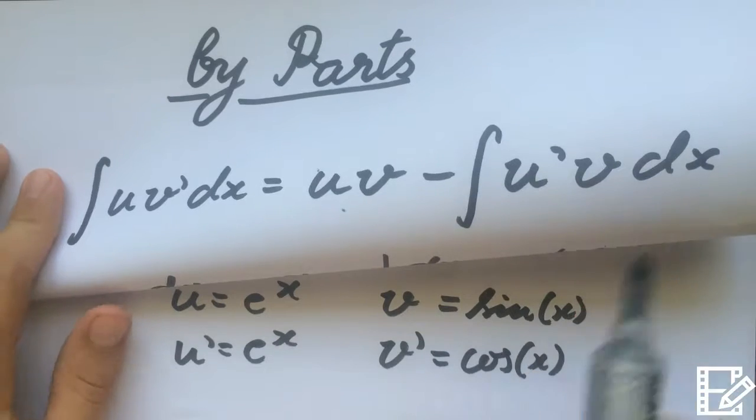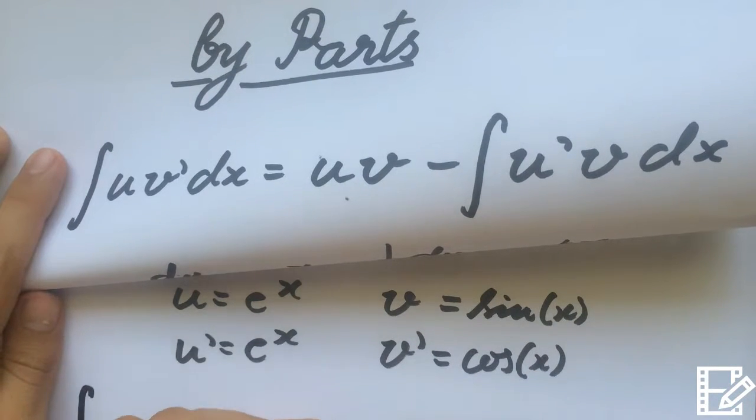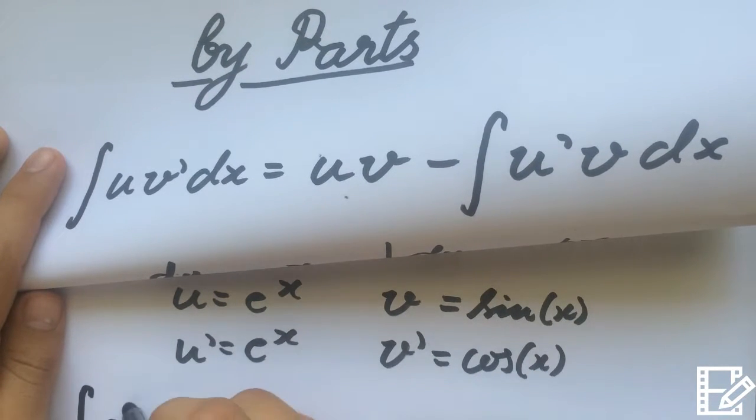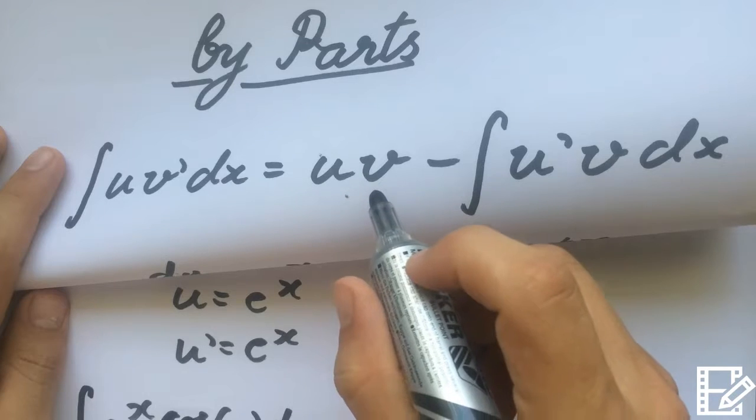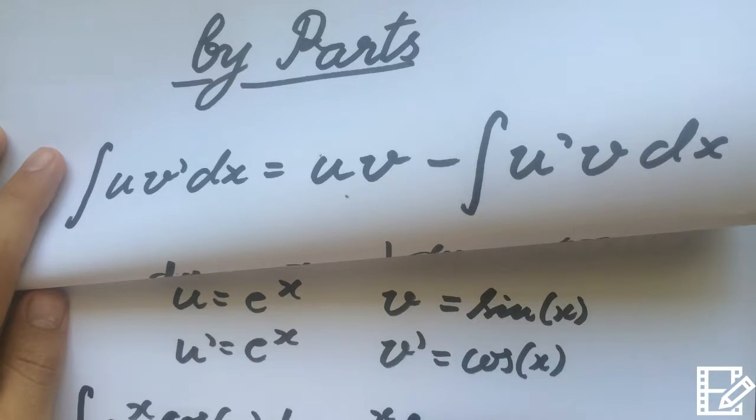So the integral of e to the x cos x dx equals u is e to the x, v is sin x. Okay, minus the integral of u dash is e to the x, times v is sin x.